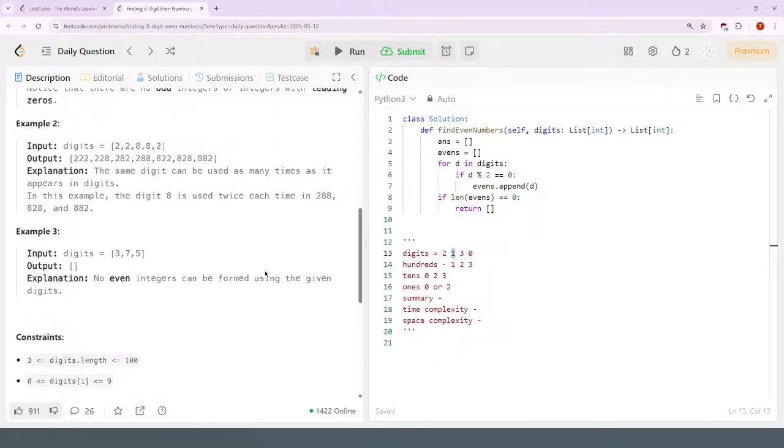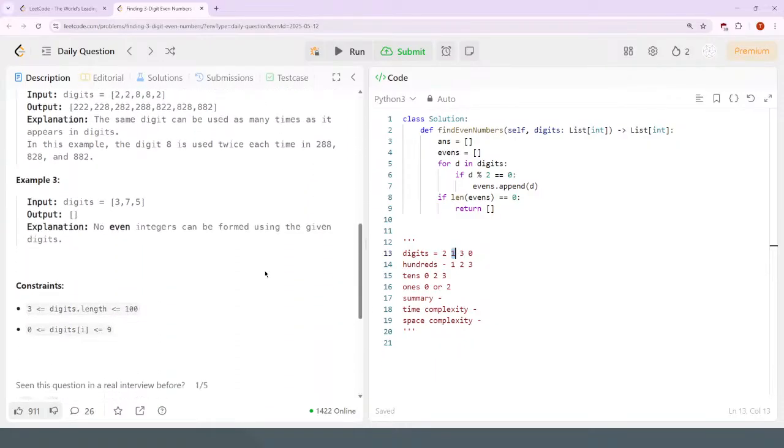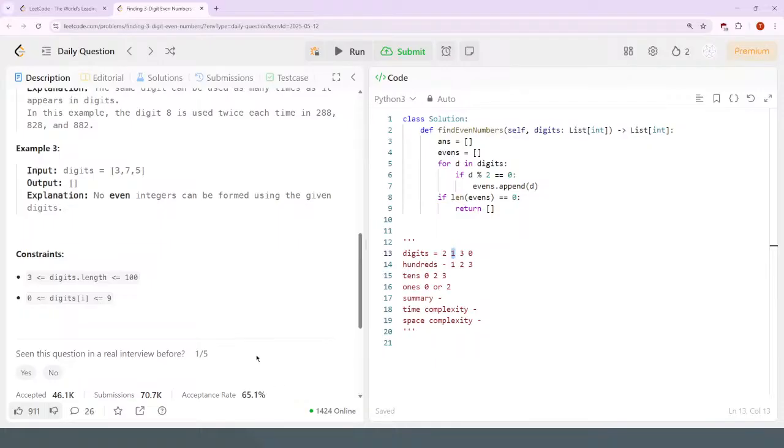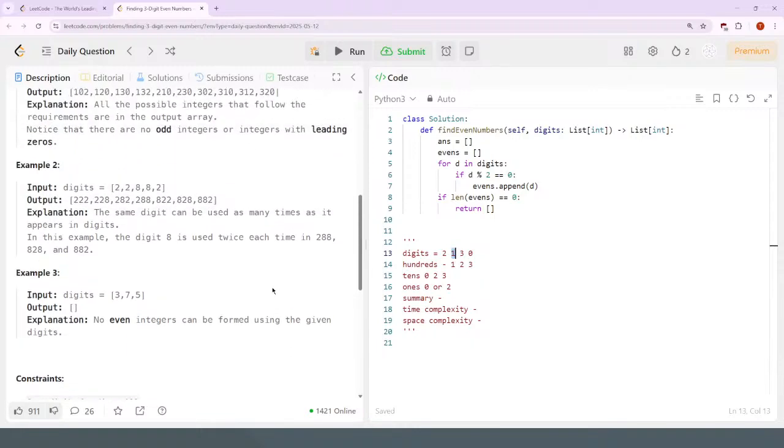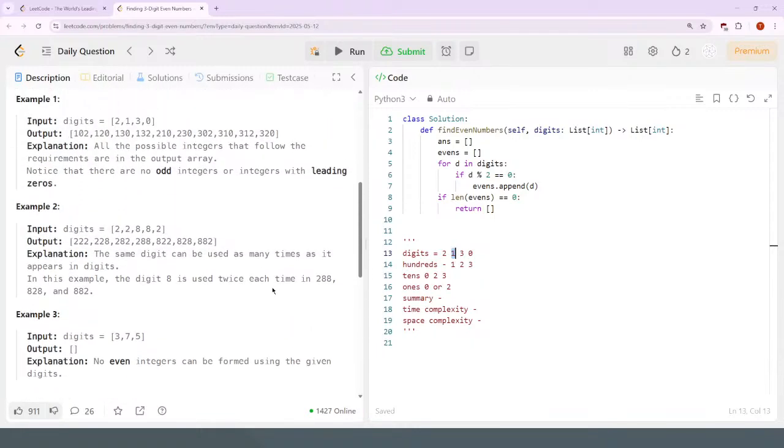I wonder. Pretty high acceptance rate. I wonder if I'm just overthinking it. What if you just sorted your array where you put your zeros at the end?